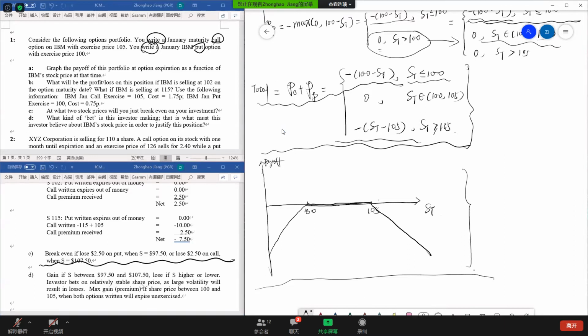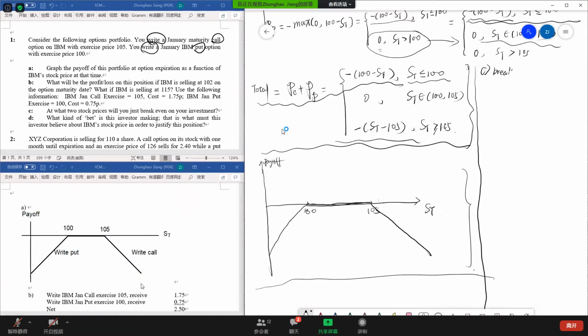For question C, the break-even point means the gain or loss of the portfolio equals 0.